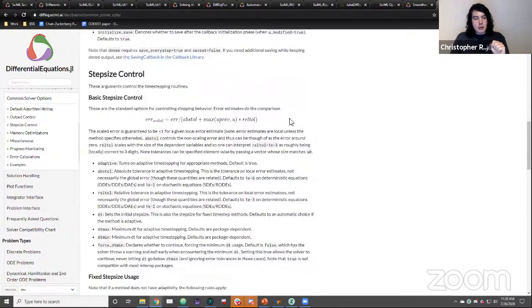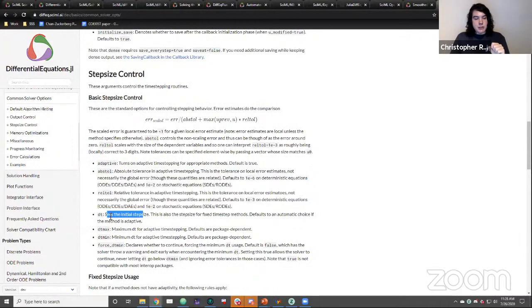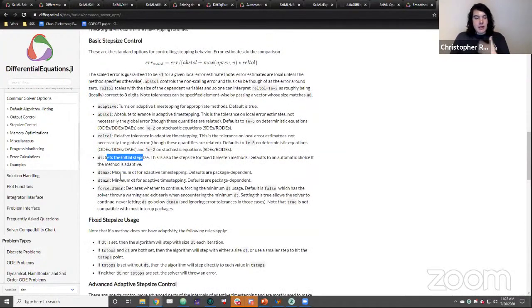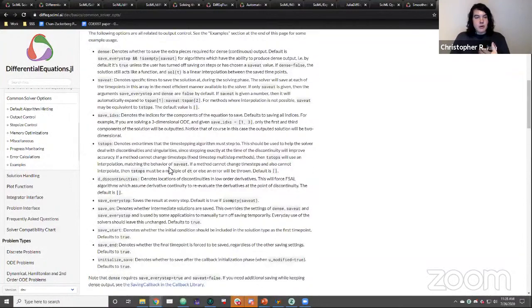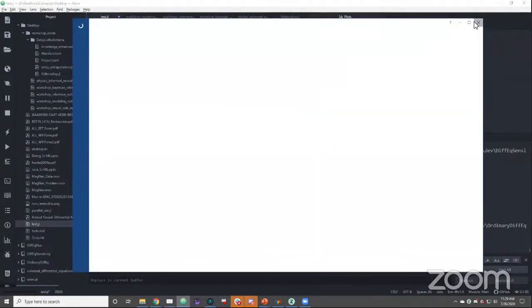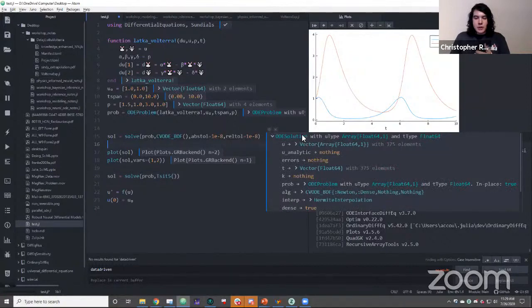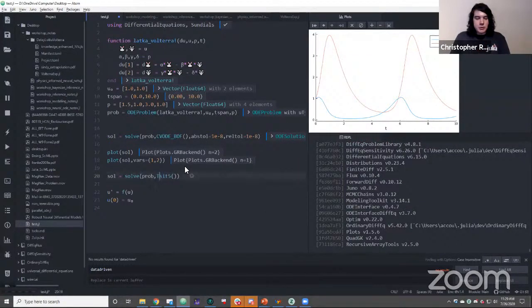This describes how you set different tolerances, how you set the initial dt size, how you set dtmax and dtmin, but also how you control the amount that's saved. By default, the differential equation solver saves enough to be able to build a continuous solution, which has a lot of extra details and components in here.